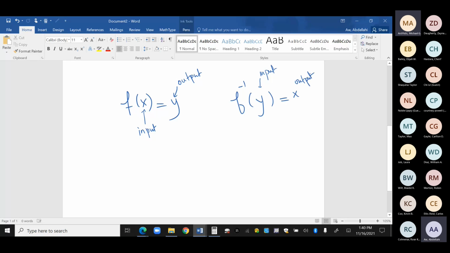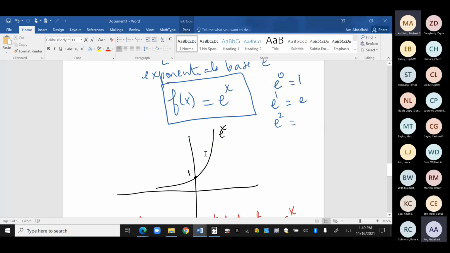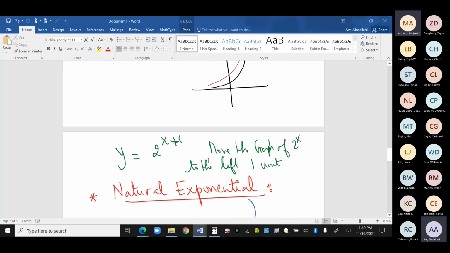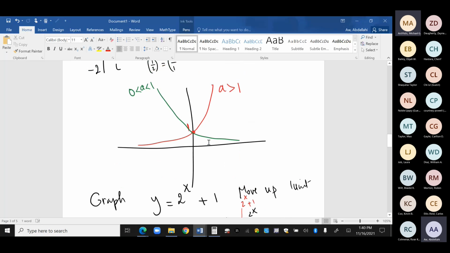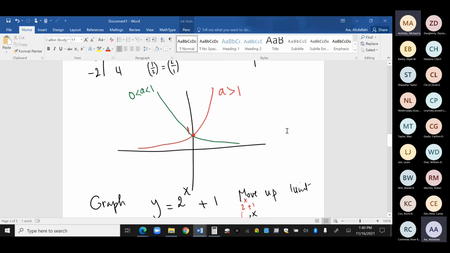Okay, so now look at the graph of exponential functions, all of them. What test do they pass? Do they pass the horizontal line test?